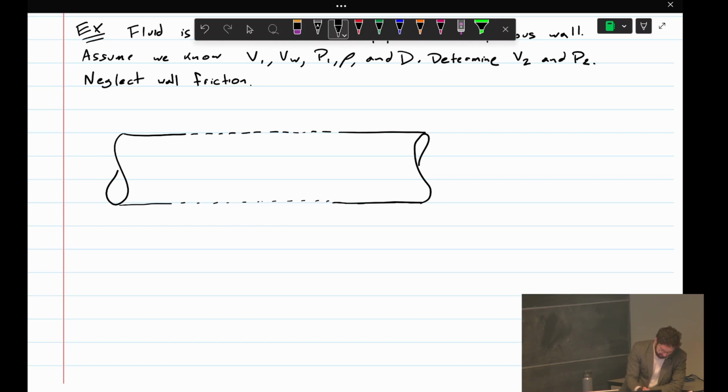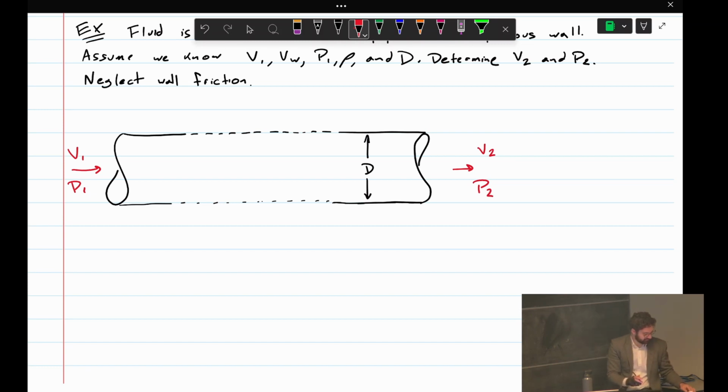I'll give you some relevant dimensions. This pipe has diameter D. Flow in is at V1 and P1. Flow out is at V2 and P2. The length of this porous section is 5 diameters.